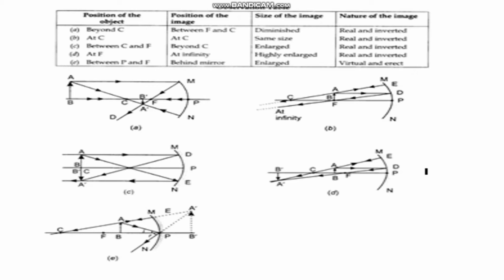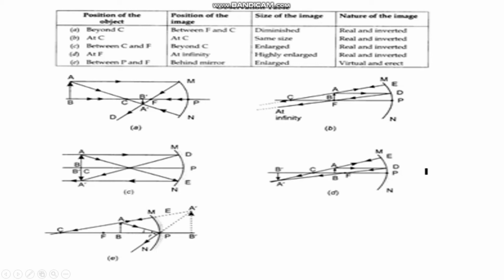In the case of concave mirror, in the first part we have taken the object beyond C, so we get the image between C and F. If you place the object exactly at C, the image is also formed at C. If you place it between F and C, the image is formed beyond C.